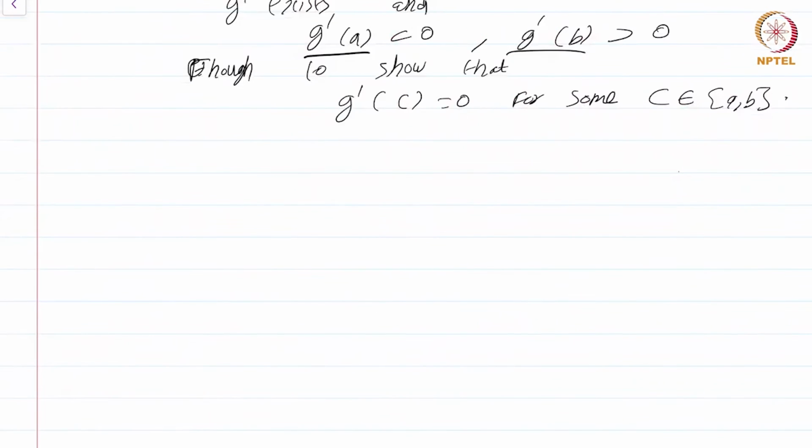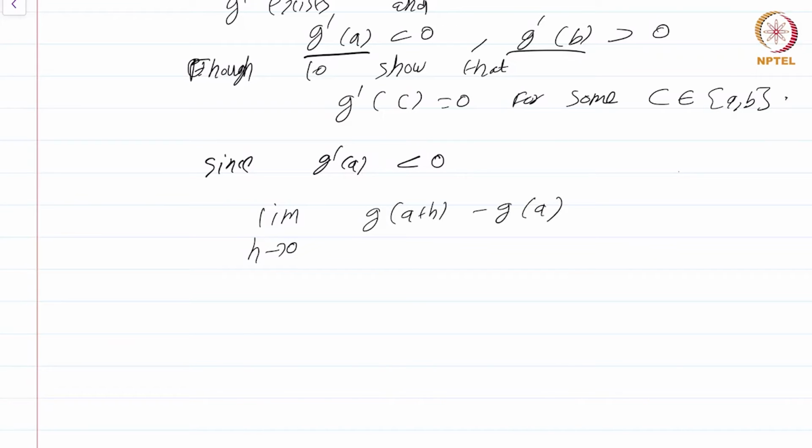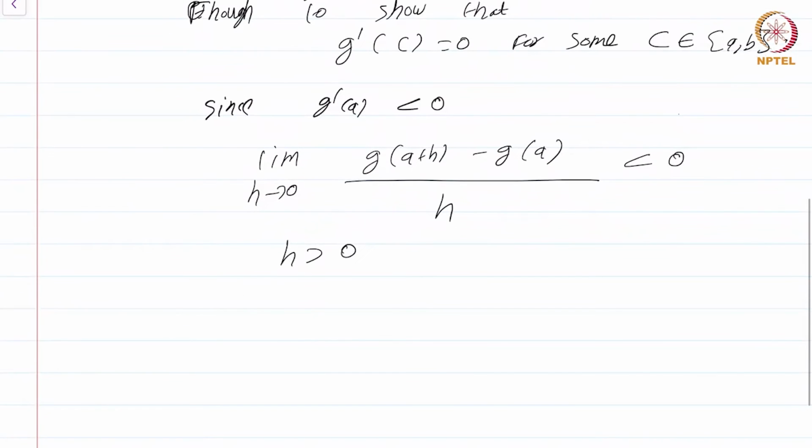Okay, let's look at what g prime of a less than 0 is trying to say. Well, since g prime of a is less than 0, that means the limit as h goes to 0 of g of a plus h minus g of a, divided by h, is less than 0. And note, because a is the left endpoint of the interval, h is greater than 0 here.